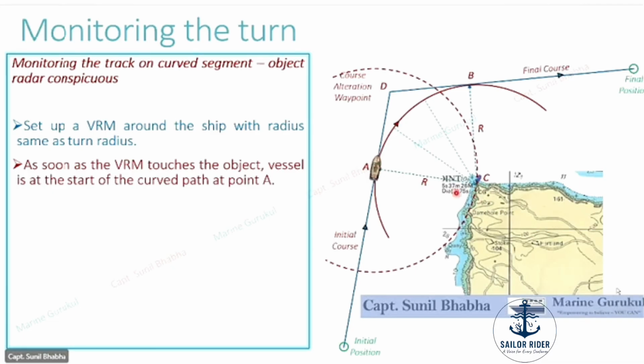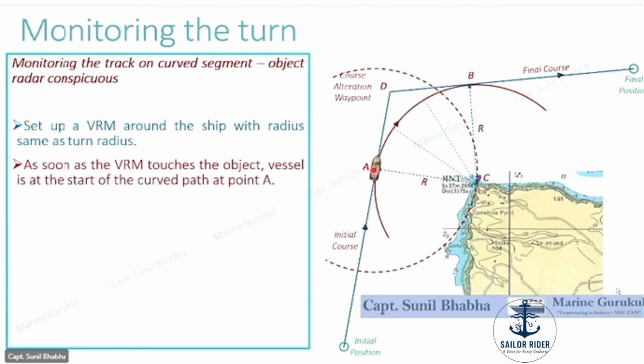Before reaching point A, the lighthouse or the center of our turn will be outside the VRM. As soon as the vessel touches point A, the VRM is exactly passing over the center of our turn, or over this radar conspicuous object, indicating to us that we need to start the alteration and the vessel needs to start moving on the curved path now.